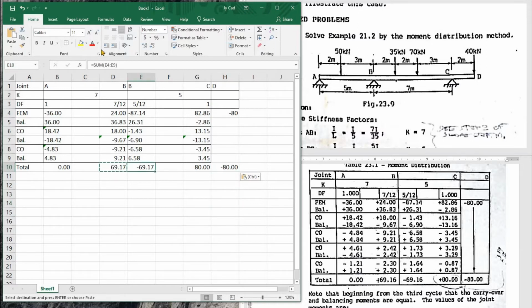Okay, so ito align left, 2 decimal places. So that's it guys. Yan. So ang technique, pag sa isang cycle parehas na yung kanyang CO tsaka balance, then you have to stop.